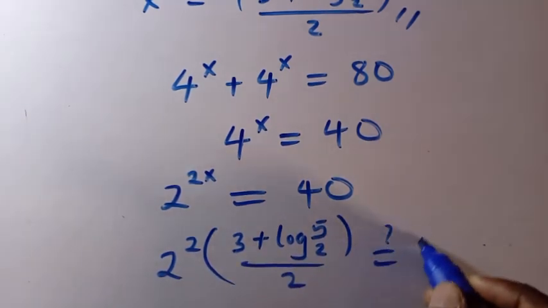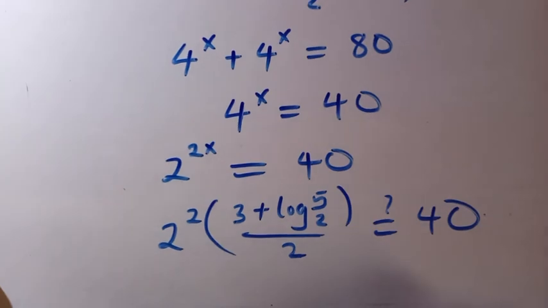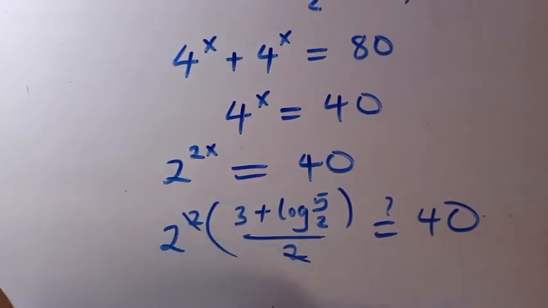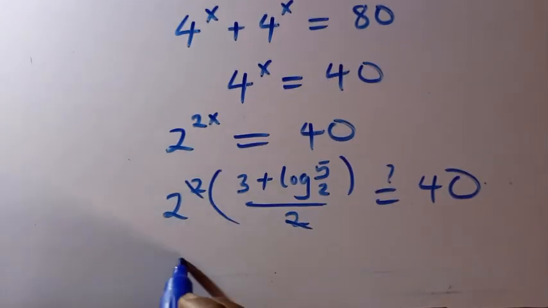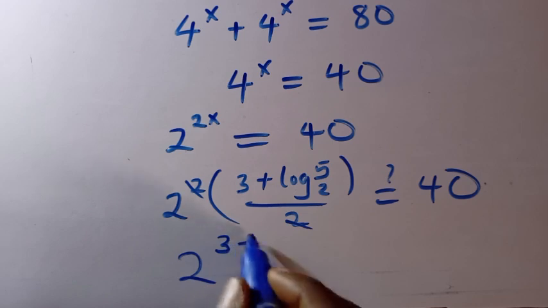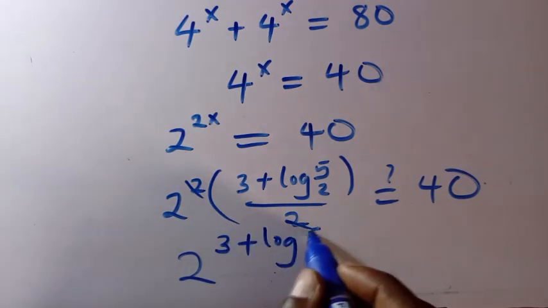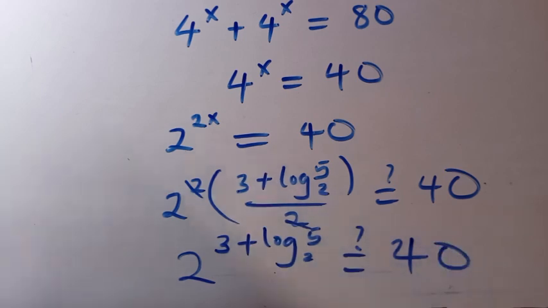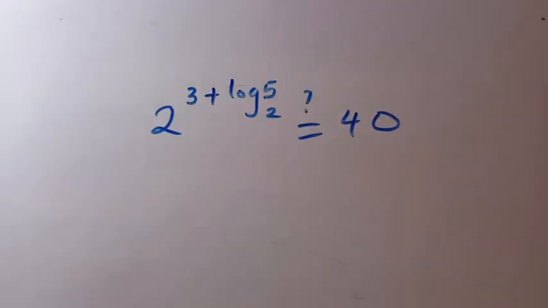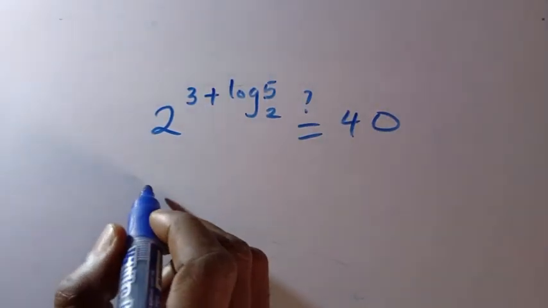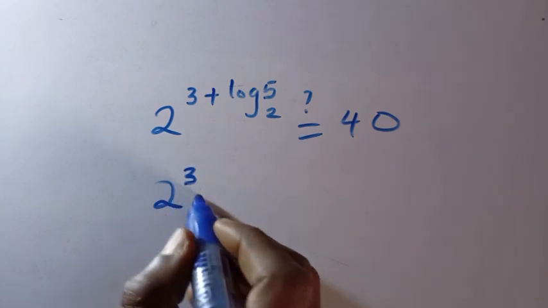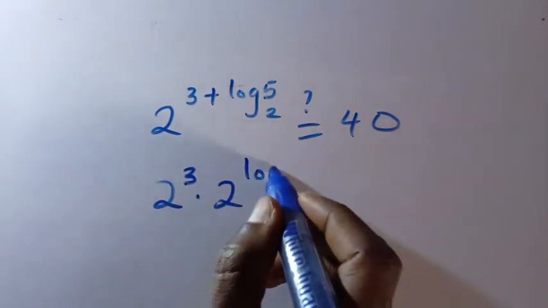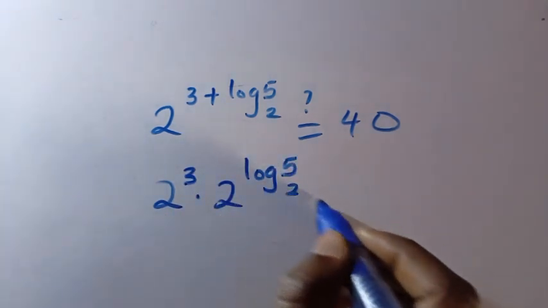So we want to check if this equals 40. So here 2 cancel 2. And we have this as 2 power of 3 plus log 5 base 2. So we want to check if this equals 40. Then we can separate this as 2 power 3 multiplied by 2 power of log 5 base 2.